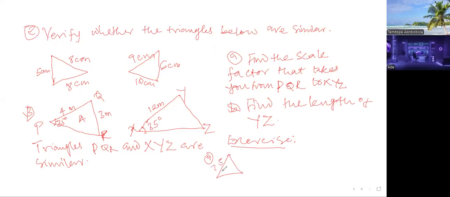This angle here is 40. This side here is 9 meters. And the second triangle, you have 2.5 meters. You have 3 meters. And you have angle here 40. So decide whether these two triangles are similar.